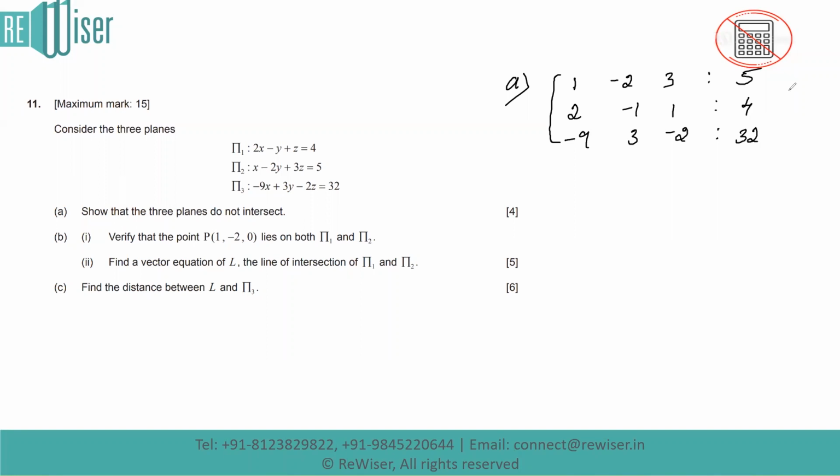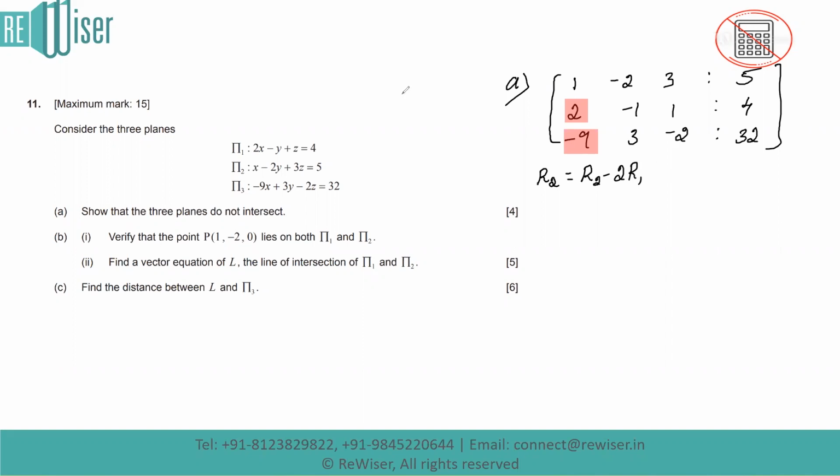So in that case, if I solve this, I should be able to find the point of intersection. Let's see. In order to find the point of intersection, I need to make these two numbers 0. That's basically row 2 and row 3. Row 2 is going to be row 2 minus 2 times row 1.